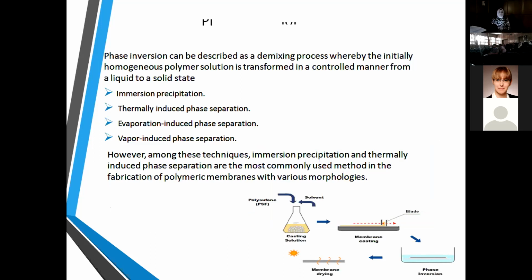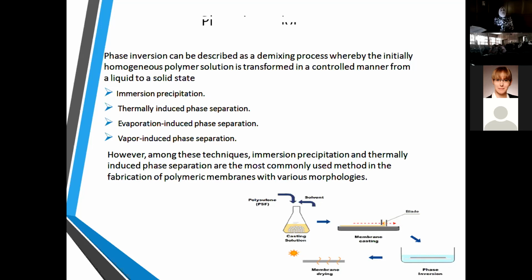as we see in this picture. This technique is done by mixing the polymer solution and spreading it on a flat sheet or plate, then immersing the plate in a non-solvent or water to make a substrate. Then there is thermal induced phase separation by lowering temperature, and evaporation induced separation by evaporating a volatile solvent from a solution of solvent and non-solvent.